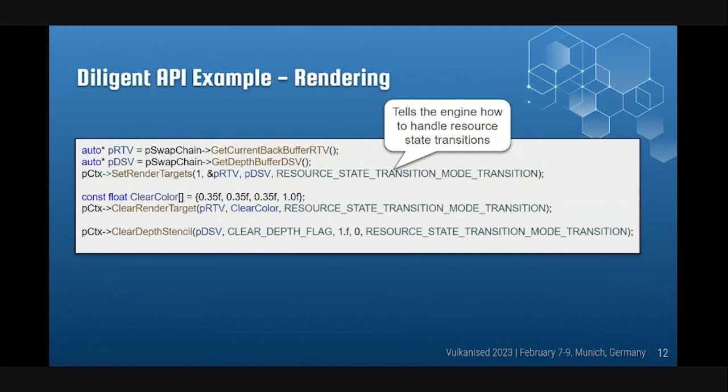But again, there are multiple ways to make it more performant. We were trying to make it a really explicit API so that you can provide the framework special hints that help it do better.